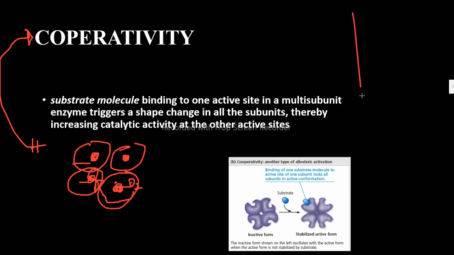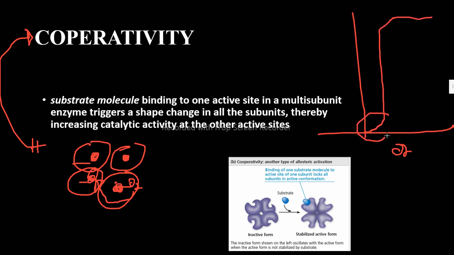Hence, when you plot the percentage saturation of hemoglobin with oxygen, you get a sigmoid curve, whereby it is hard at first, but once the first heme group combines, it becomes easy for other groups to combine. That phenomenon is what we call cooperativity.